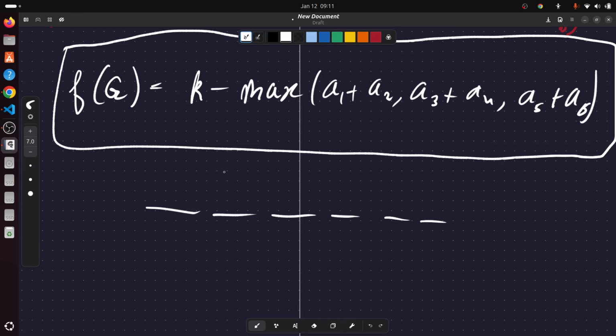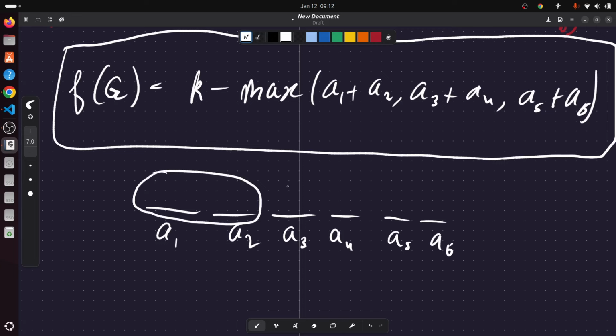But anyways, we have these 6 elements a1, a2, a3, a4, a5 and a6. What they are saying is that the sum of these two numbers, the sum of these two numbers and the sum of these two numbers, whatever is the maximum in these three, I have to subtract that from k.